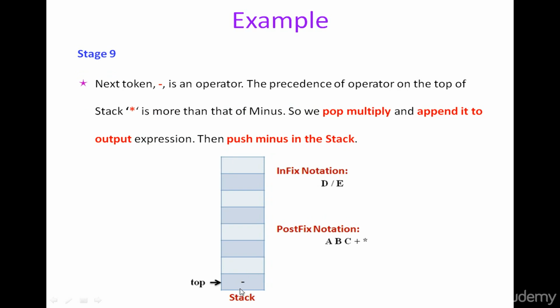Why did we do this? Whenever we push an operator into the stack, we first check whether the operator on the stack has higher precedence or not. If not, we push the operator into the stack, and if yes, we first pop out the high precedence operator, and then push the lower precedence operator into the stack.